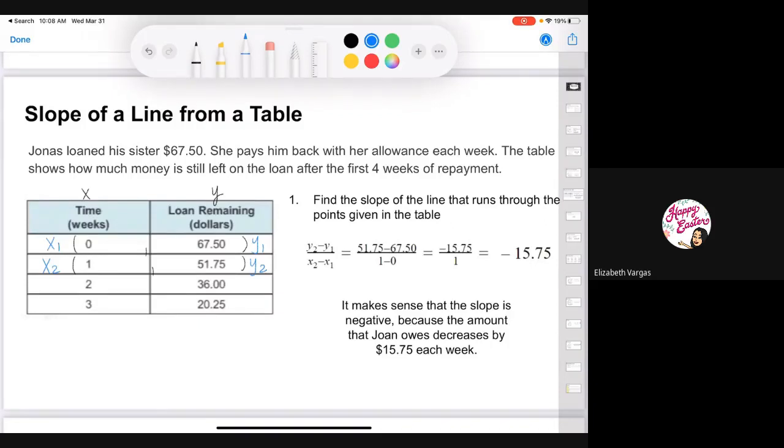What this is telling me is, because my slope is negative, that Joan owes her brother Jonas $15.75 less each week. If she's paying off the loan, obviously the amount she owes is going to decrease. So every week she owes a little bit less, right? Any questions about this?